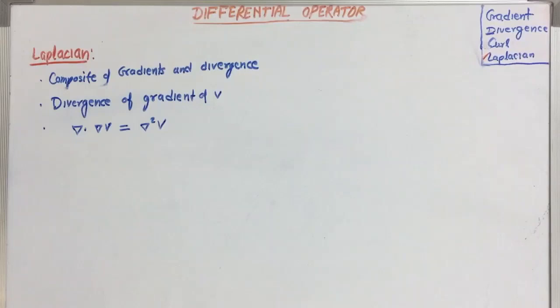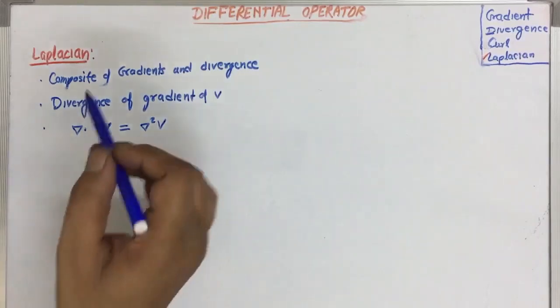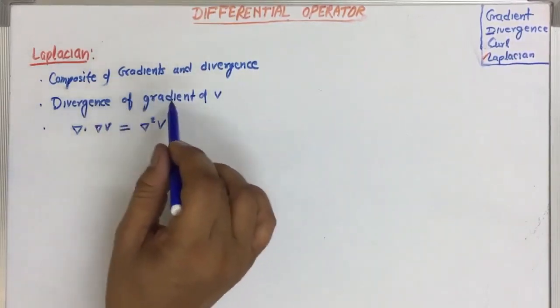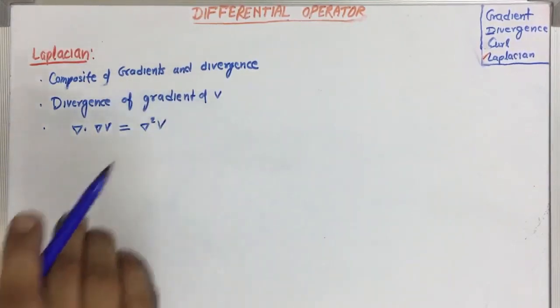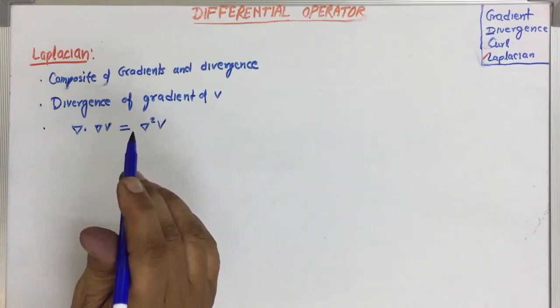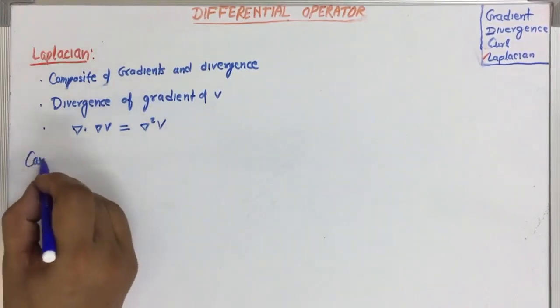So that is a single operator that is composite of divergence and gradient, and it can be written like that.